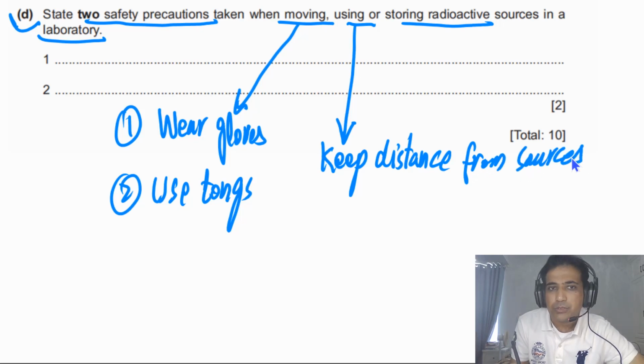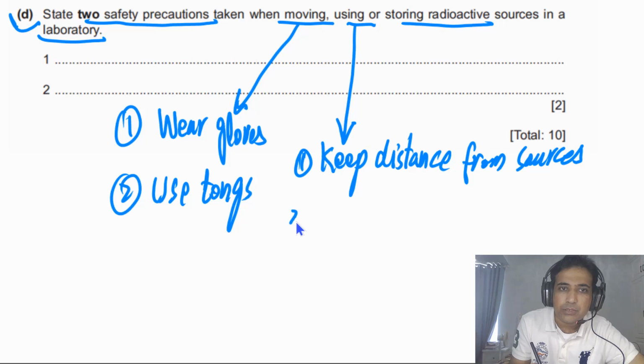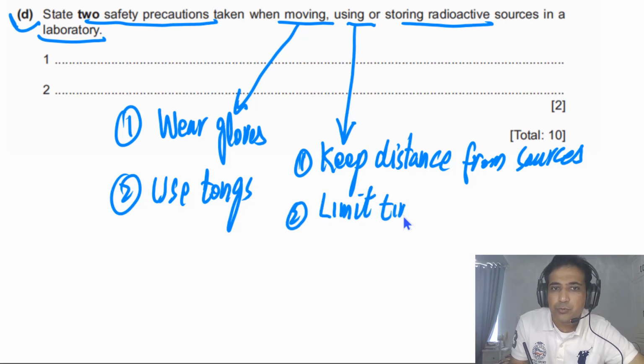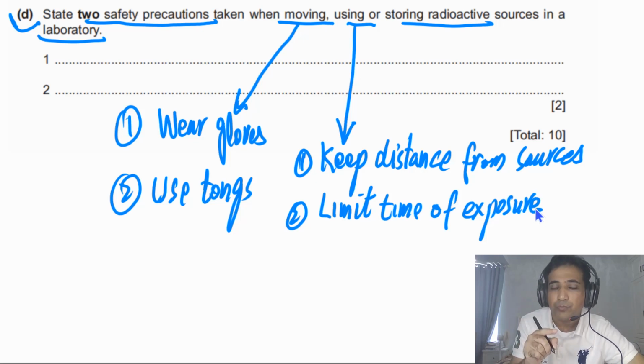The second point we can say is limit time of exposure. Limit time of exposure means don't stand in the radioactive source room for a long time, or don't do radioactive experiments for a long time.